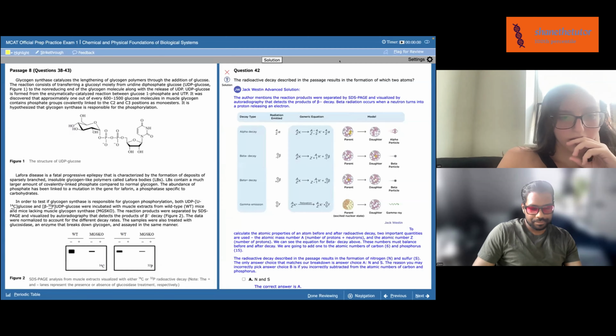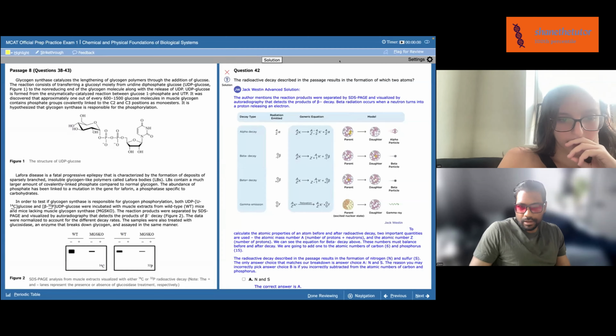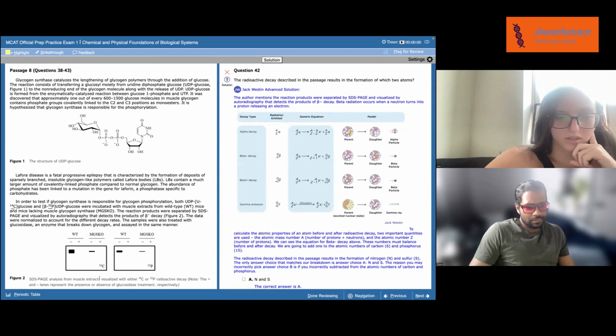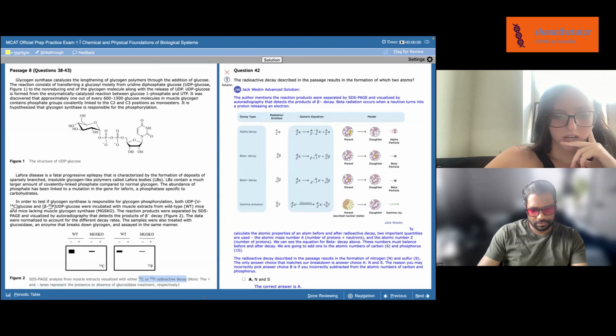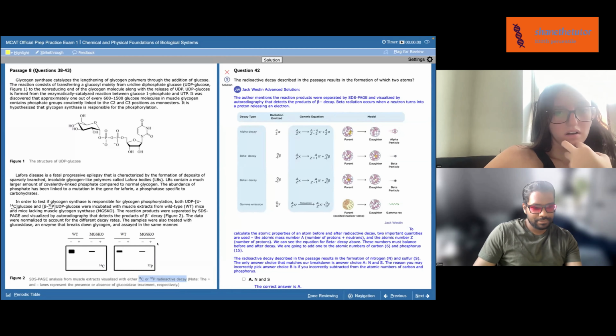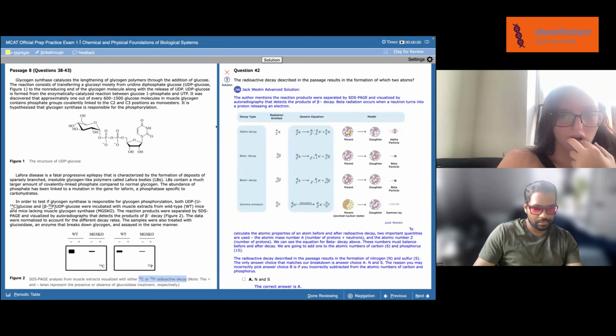So the radioactive decay that's happening is converting it. It says we're either C14 or P32 radioactive decay. If this happens as described, it would result in the formation of which?